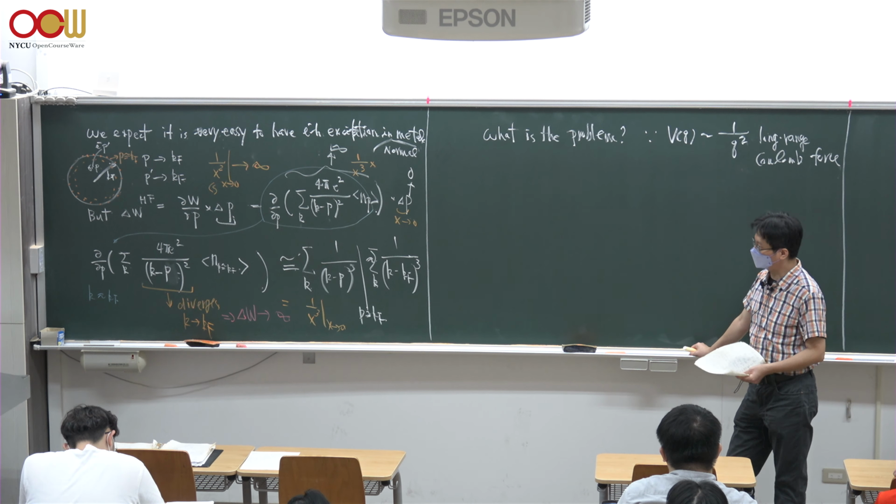But in real solids, this Coulomb potential is actually screened, proportional to 1 over r times a decay factor, and this decay factor cuts off the long-range tail of the Coulomb potential and makes it short-ranged.